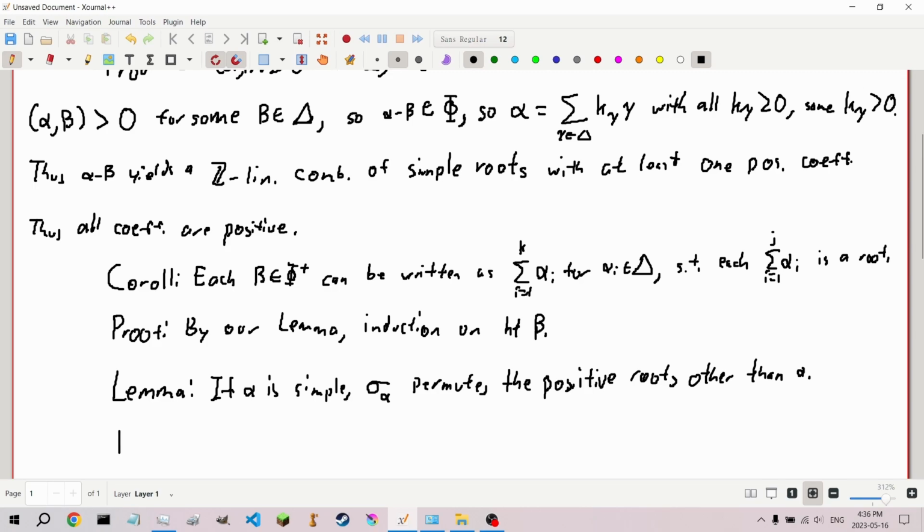And the proof: I'm going to let beta be a positive root and not alpha. And we can write it as the sum for gamma in our base of k gamma times gamma, for non-negative k gamma.